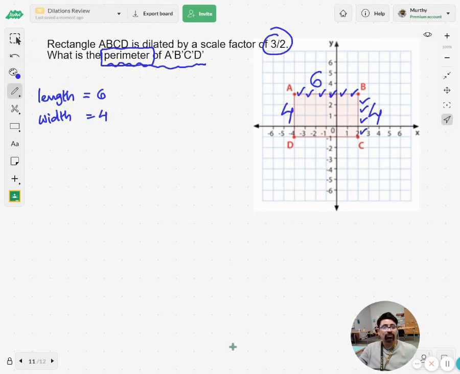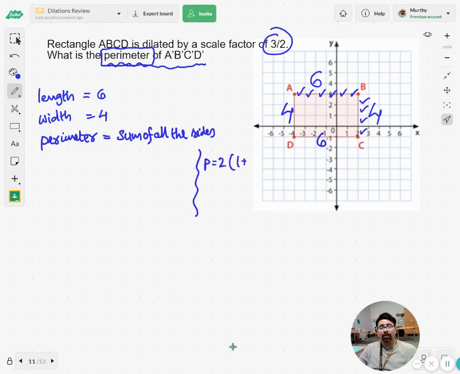Therefore, this is 4 and this one is 6. So there are two ways. One is perimeter equals twice length plus width, or else if you are not comfortable, you can take the sum of all the sides. The other method is perimeter equals twice L plus B.